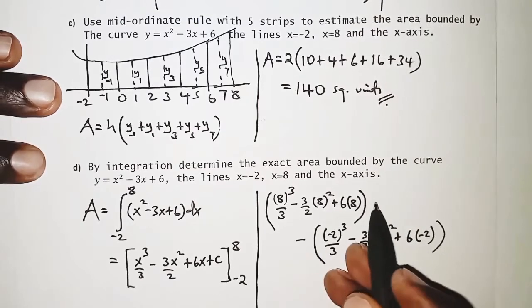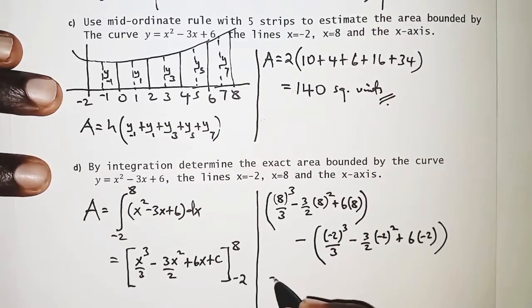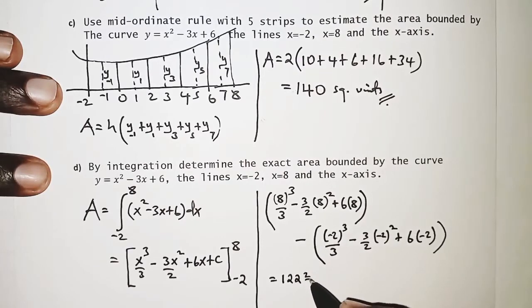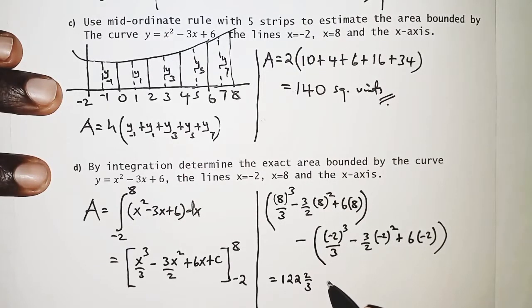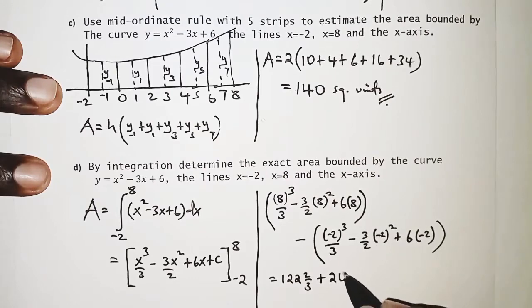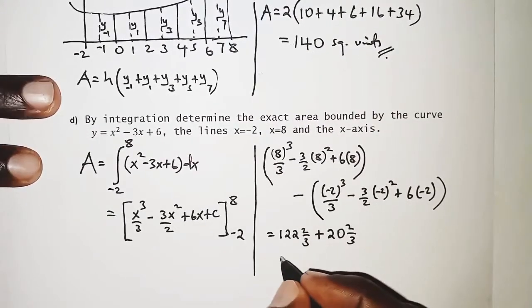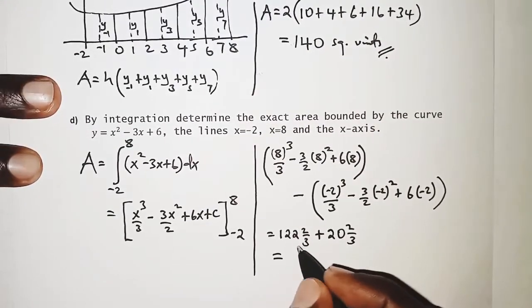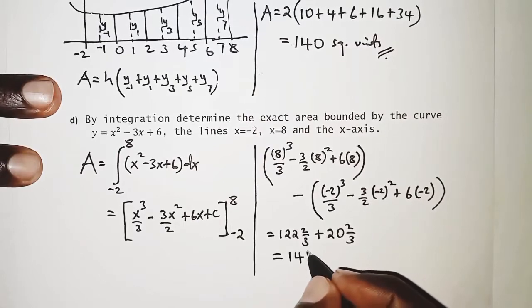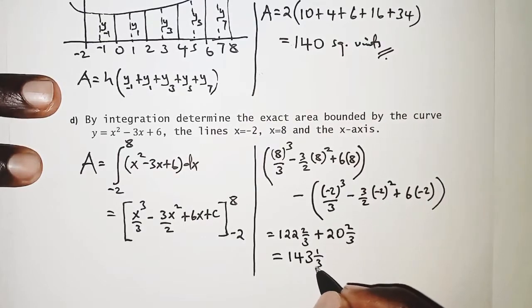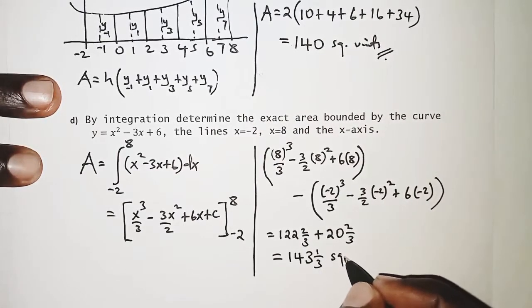So that the first bracket gives us 122 and 2/3, and the second bracket gives us 20 and 2 over 3. So that when this is summed up, we simply get 143 and 1/3 square units.